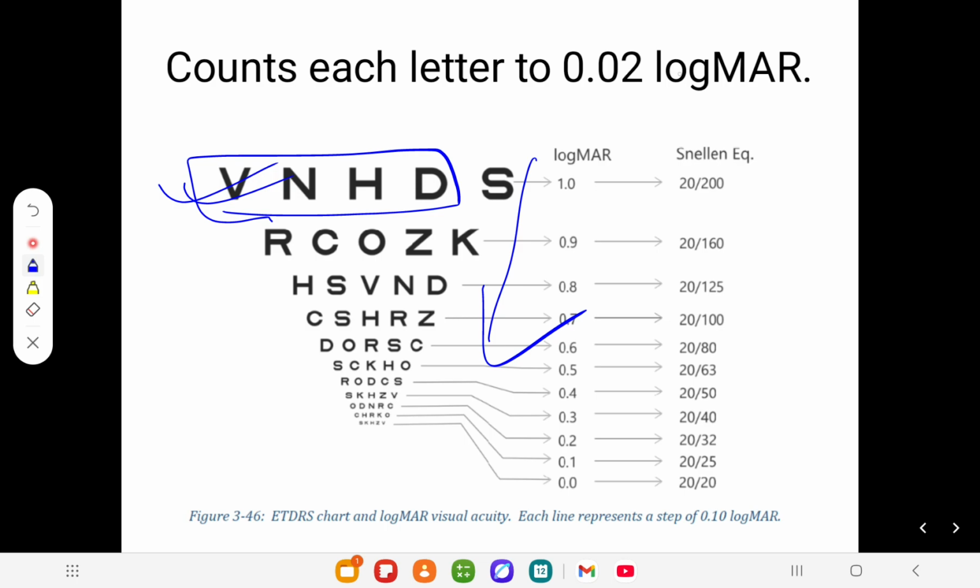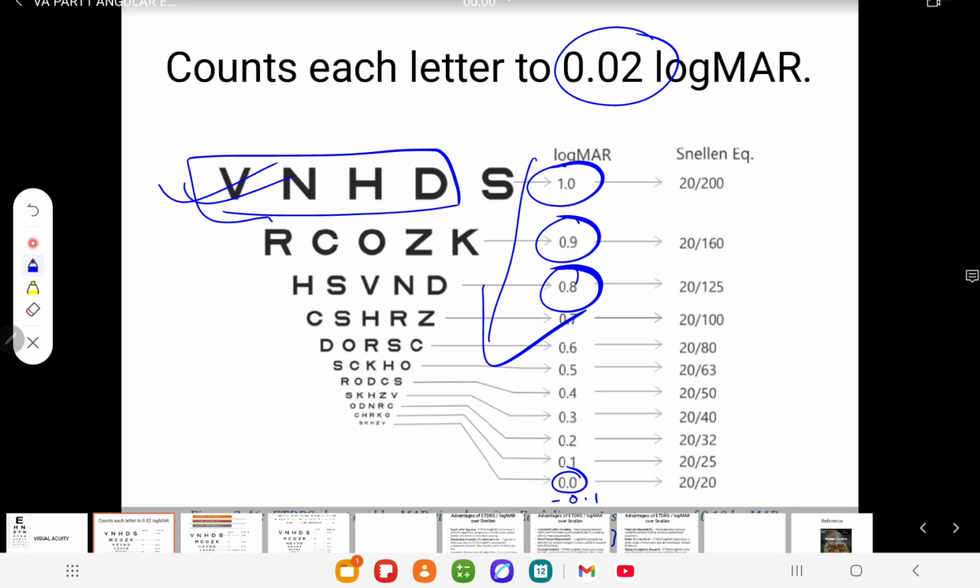So each letter counts 0.02 logMAR, times 5, which is 0.1 logMAR. That's why you see 1 logMAR, 0.9, and each time it reduces by 0.1 logMAR. And the beauty here: whenever it comes to 0, it's 6/6. Then it again goes 0.1, 0.2 minus, and minus 0.3, isn't it?